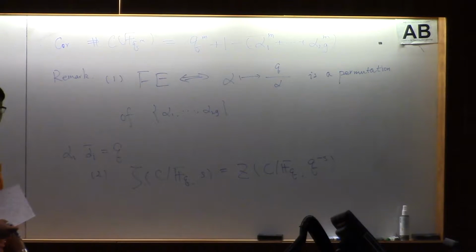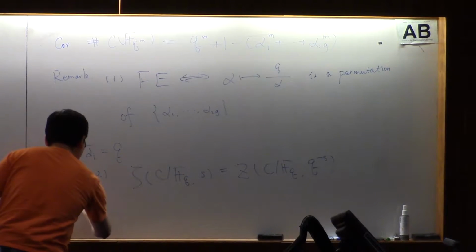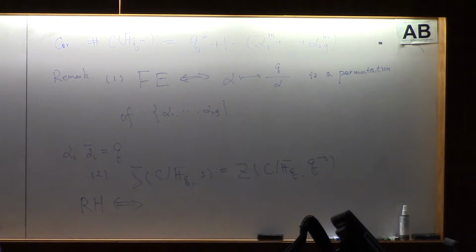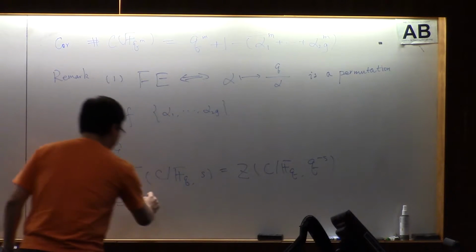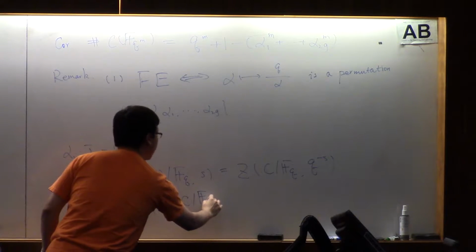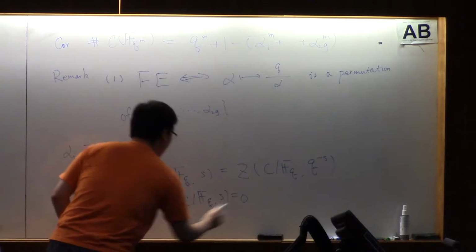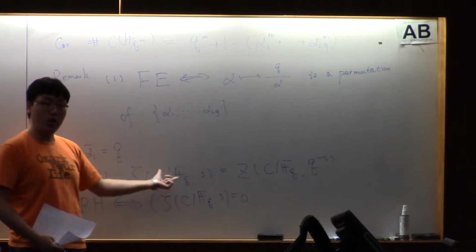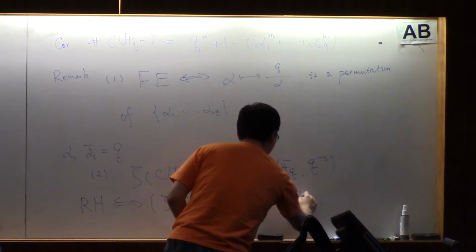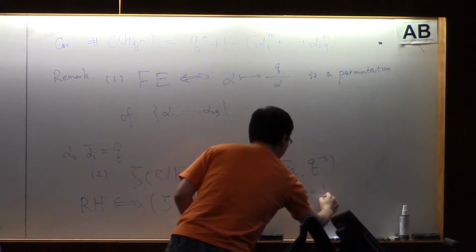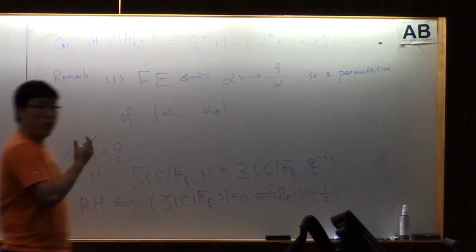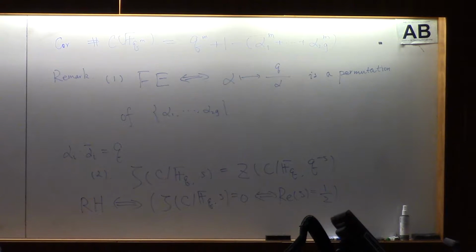Then the Riemann hypothesis is equivalent to saying that all the zeros of this zeta function should have real part 1/2.